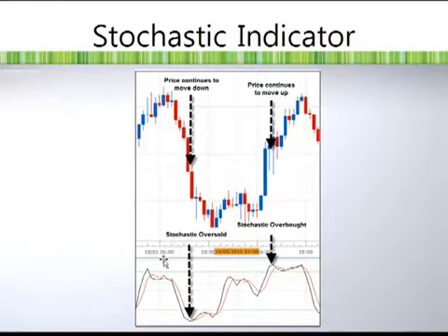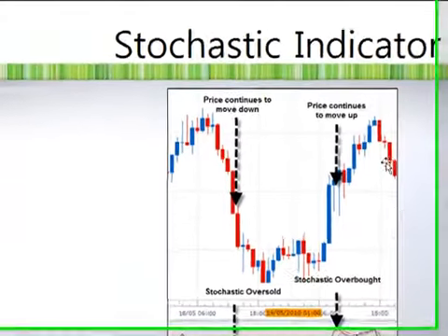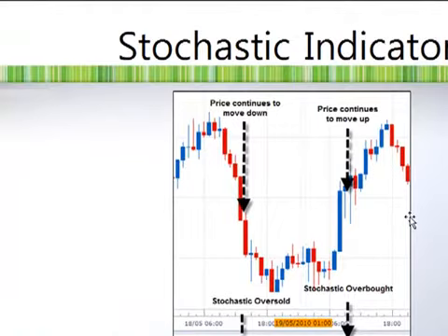You can see when the price moves down and the stochastic moves down into the region of oversold, it will usually bounce up. You can see the price bounce up again. When it gets overbought, it's very likely to move down. You can see it start to move up a little bit, then it collapses. So this indicator helps us tell whether the market is currently overbought or oversold.